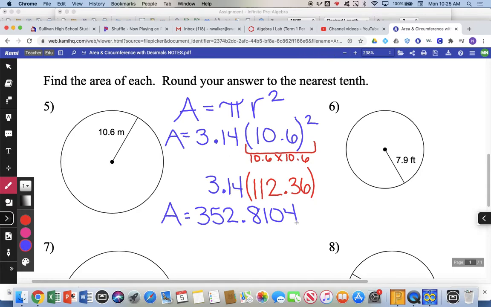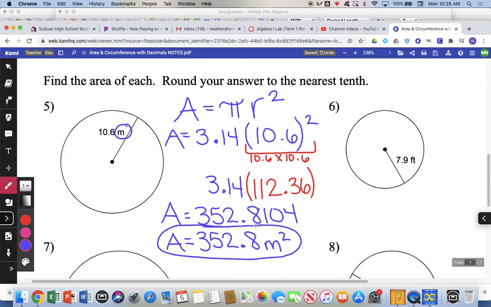So on this one, do we say 352.8 or do we round up? 352.8. Now on area, we squared something, so what's my label going to be? Meters squared. So can you guys try number 6 by yourself?